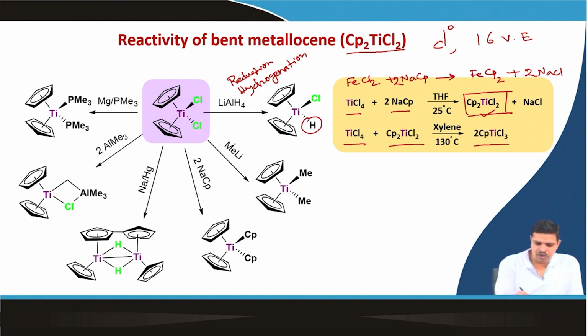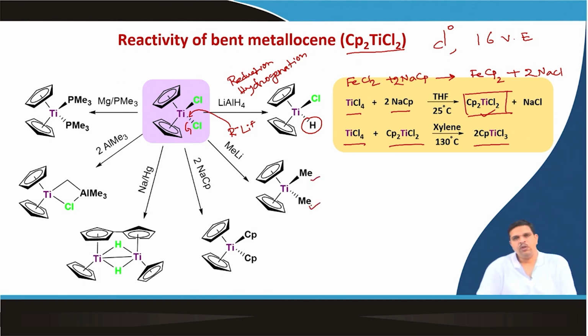Similarly, if you use the alkyl lithium R minus Li plus, it can easily replace the chlorides, and you get your dimethyl titanium metallocenes, and if you use 2 equivalents, you can replace the 2 chlorides quite easily.